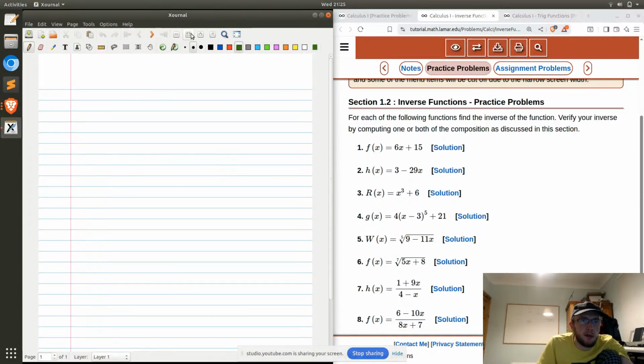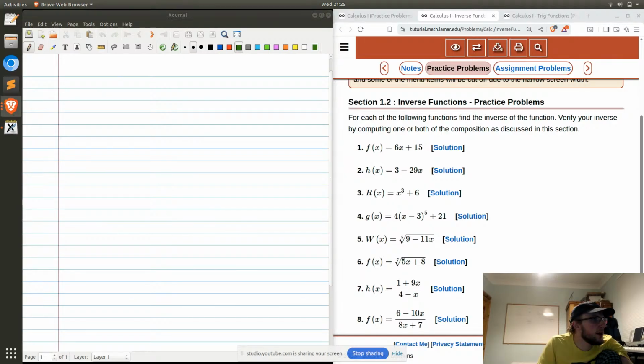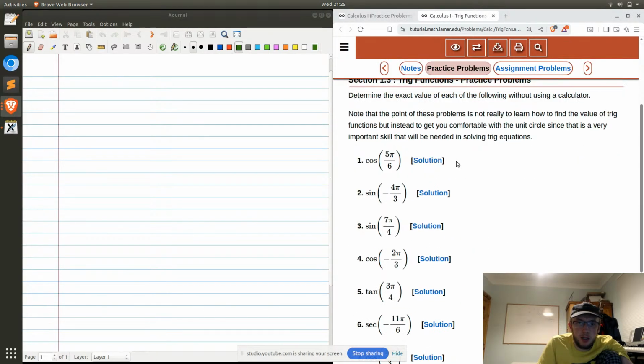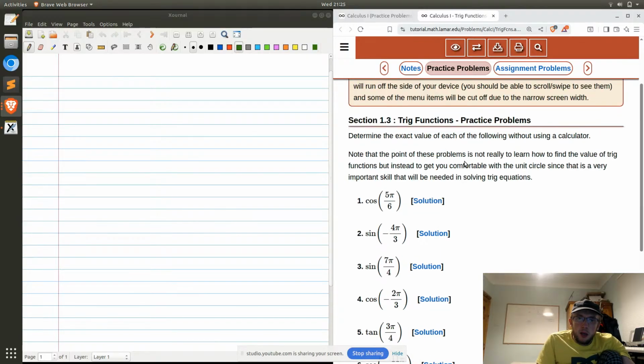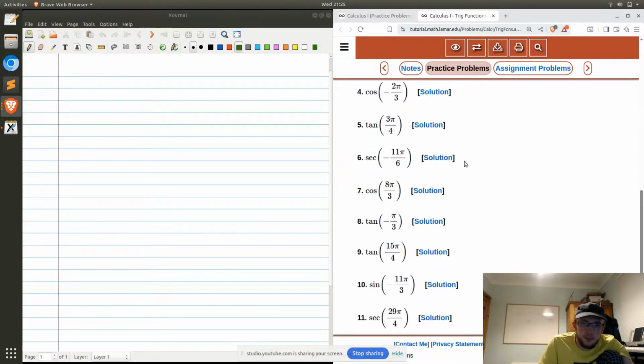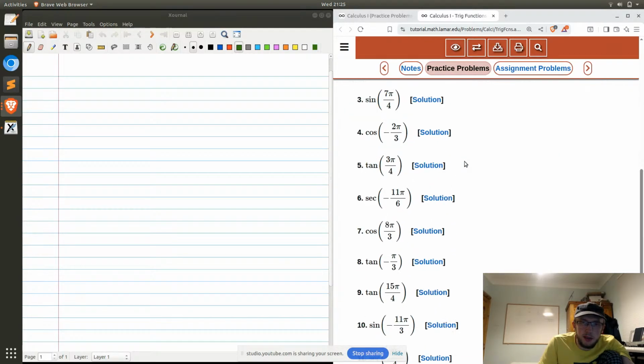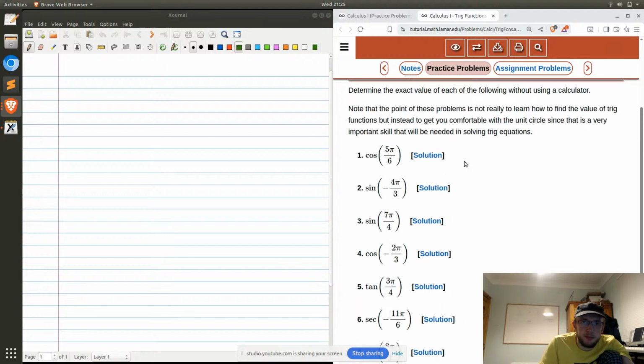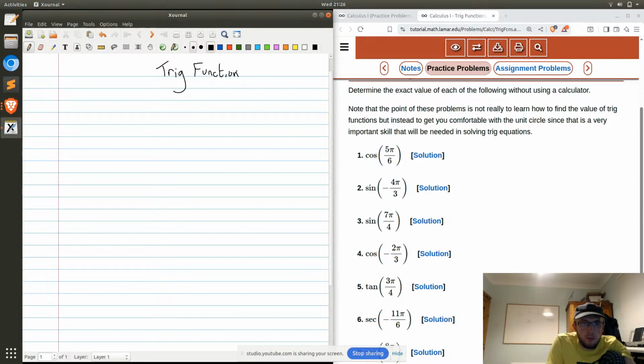Try the next one. Trig functions. Okay. All right, so we'll do all these and then finish up. All right, cosine of 5 pi over 6.